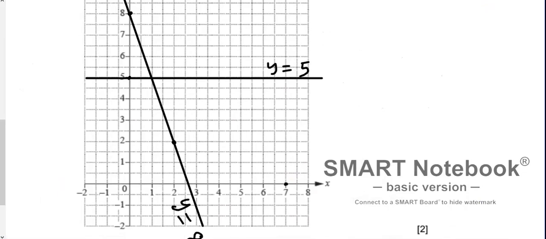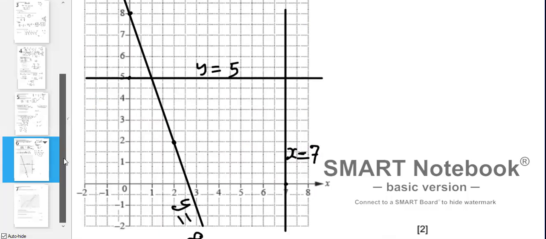And then take your ruler, draw a vertical line which goes through x is 7. Okay, try to adjust your line like that. So label that: this line here is x equals 7.